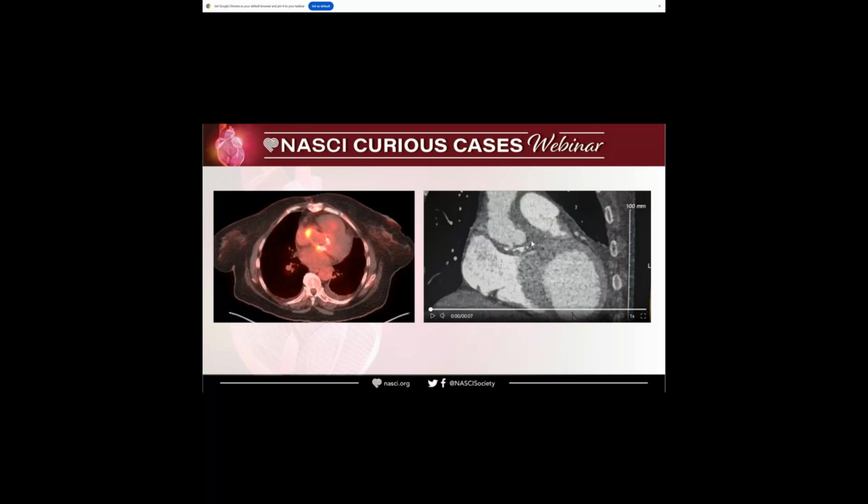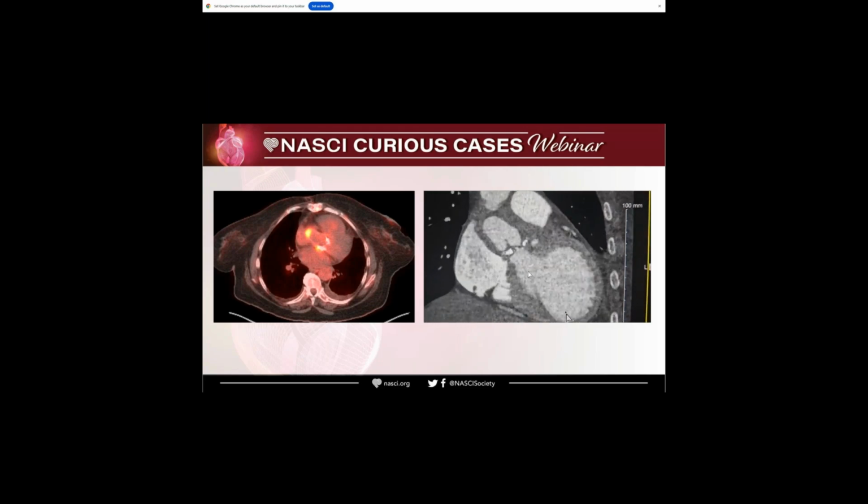You can see that there was an enhancement in the aortic valve, and you can see that there was probably a small abscess. And if you look here, look at how thickened the aortic valve is, and it could be a small abscess.